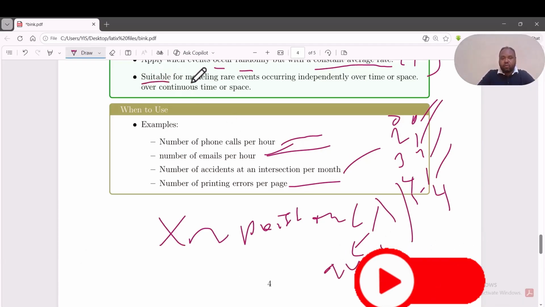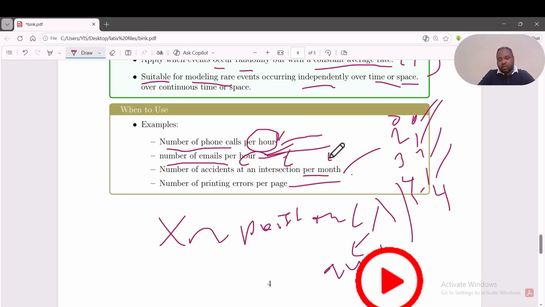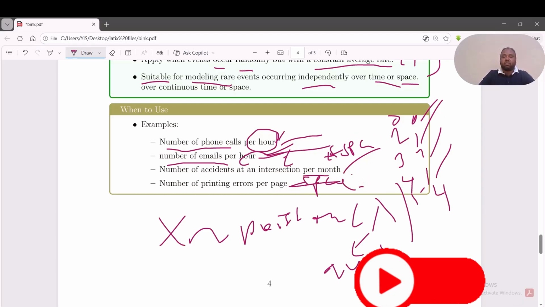This is suitable for modeling rare events occurring independently over time or space. For example, these events occur per interval of time, such as an hour. The number of emails per hour, this is time. The number of accidents at an intersection per month, this is time and space. Number of printing errors, this is space.